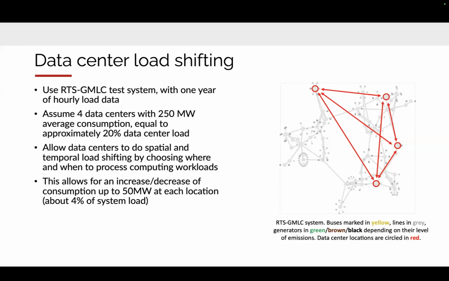What's your assumption on the load profile of the data centers? Our baseline assumption is that it's flat. And is there background load? Yes, there is background load. We have hourly load data.